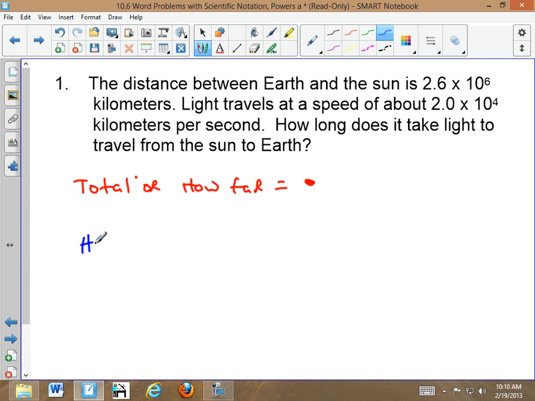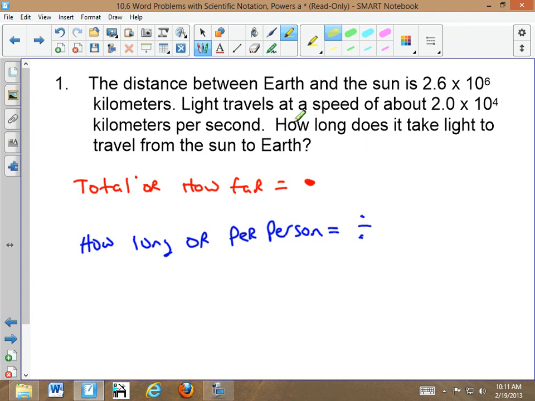If you see how long or per person, in algebra, per means divide. That equals division. So these are the words we're looking for. Total, or how far, multiply the 2 scientific notations. How long, per person, we divide.